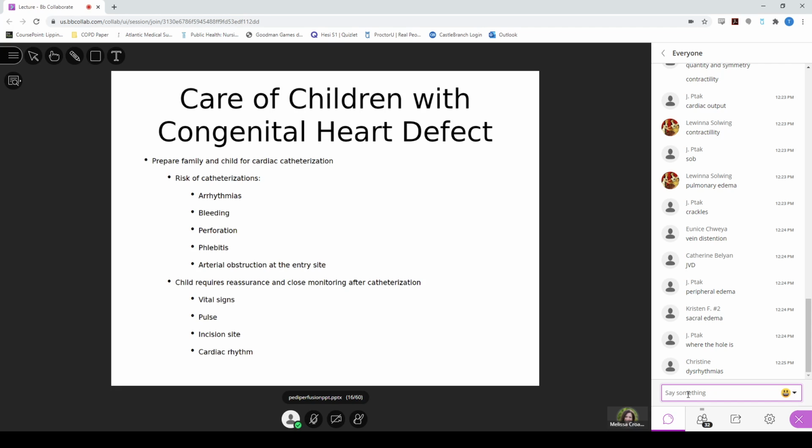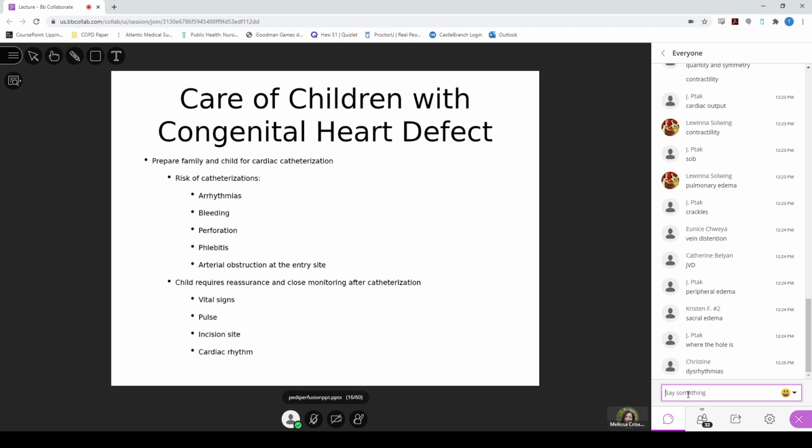Phlebitis and any type of obstruction at the entry site. That'll be an arterial obstruction at the entry site. It can cause a clot that won't allow any blood to pass through, but you'll have that occlusion from below. So your distal peripheral pulses will be diminished, extremity will be cold, and just lack of perfusion.